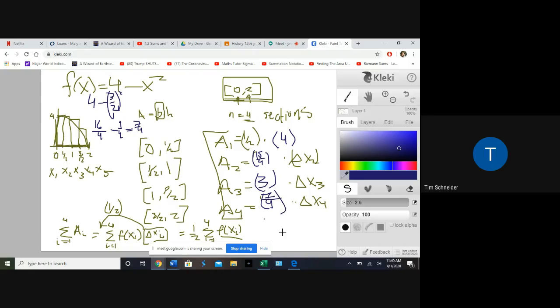Okay, so what we're actually doing here is we have 1/2 times adding 4, 15 fourths, 3, and 7 fourths all up. I'm not going to do these in exactly the right order. 4 plus 3 plus 15 plus 7 is 22 fourths.